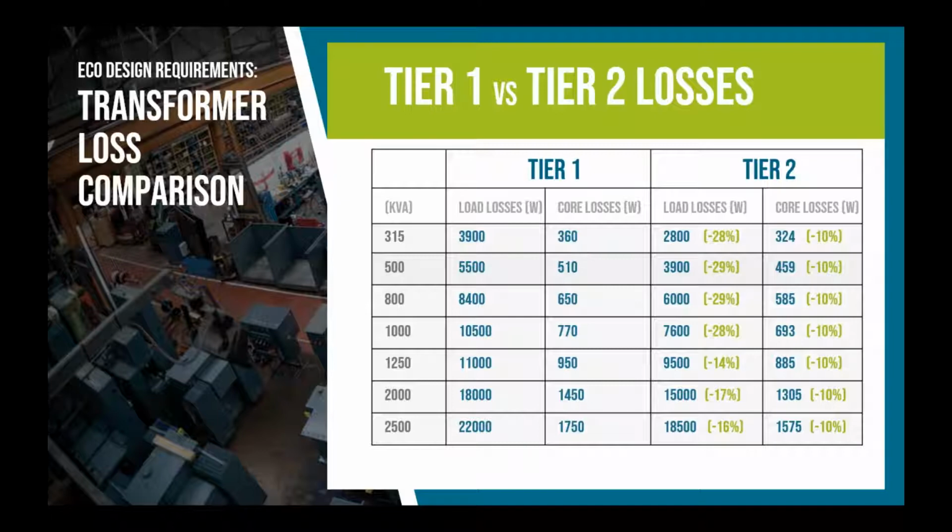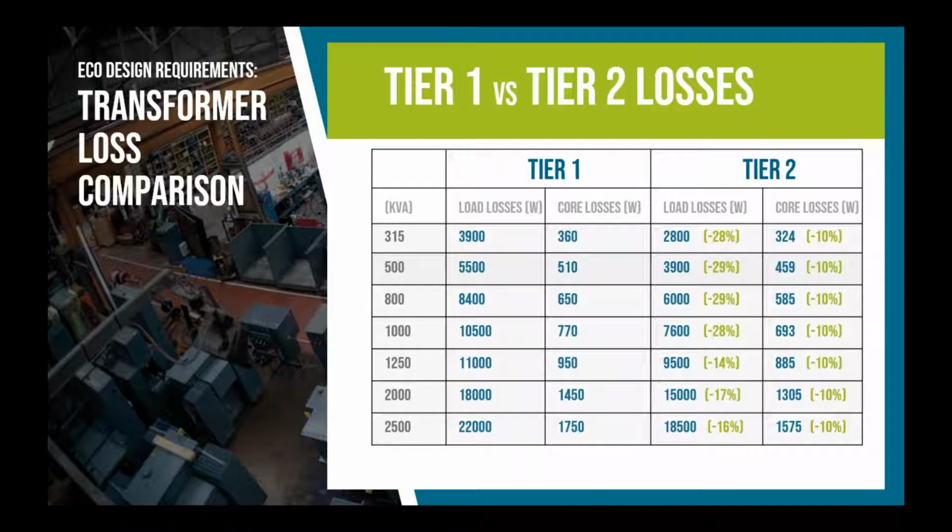If you see the comparison between Tier 1 and Tier 2 numbers, you can see that the core losses in Tier 2 are 10% less than Tier 1 levels, but the winding and/or load losses are somewhere between 16 to 29% lower, depending on the rating of the transformer, obviously, and it's the combined losses that we usually look at, not just the core losses.